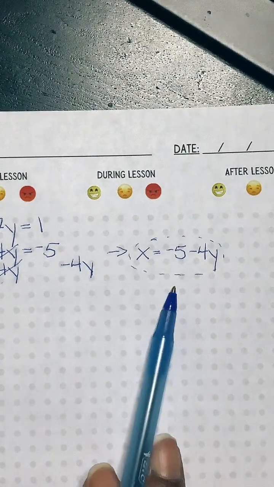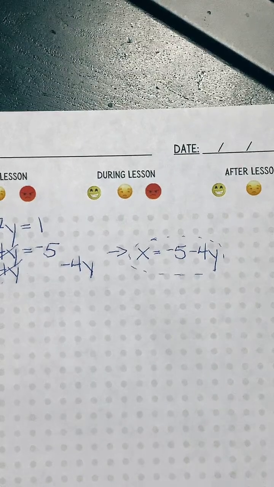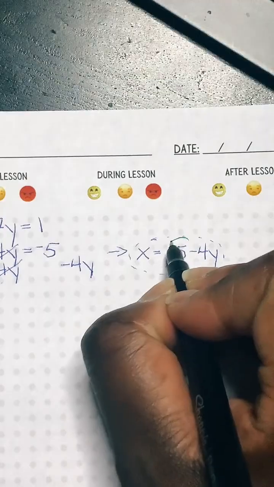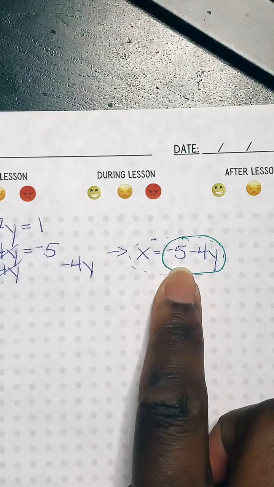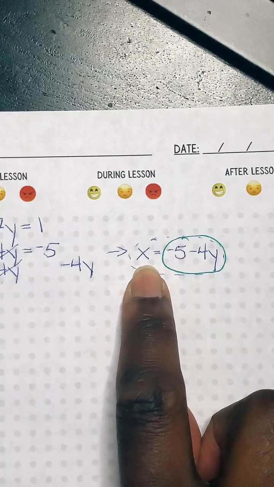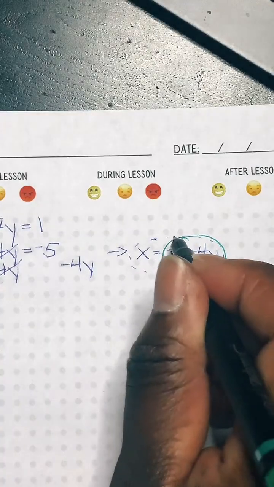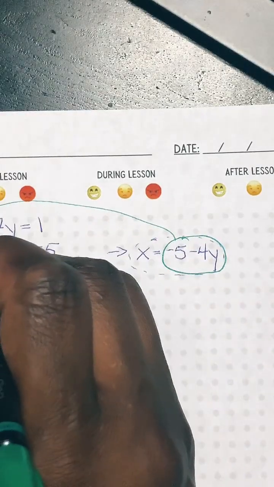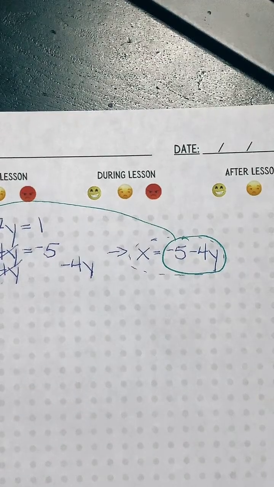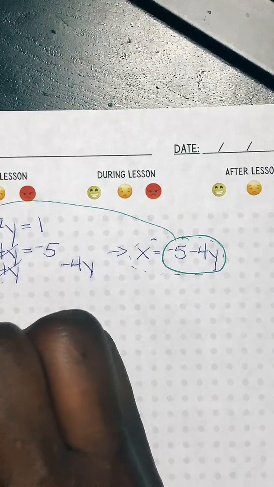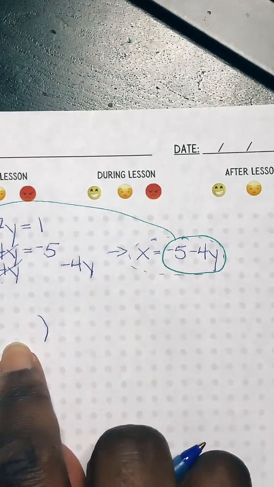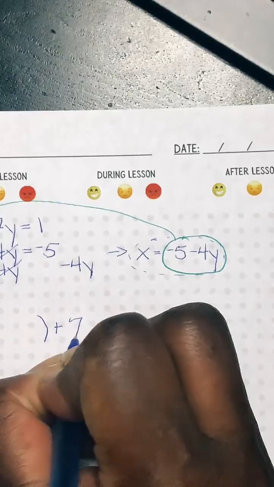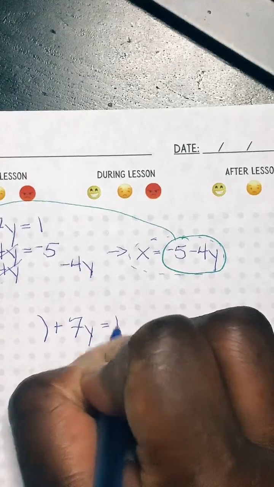Now with this bit of information, this -5 minus 4y, I'm going to substitute for x in the other equation. So this is going to go in for the x. When I rewrite it, I have my 5, then a parenthesis because that's where this stuff is going to go, plus 7y is equal to 1.